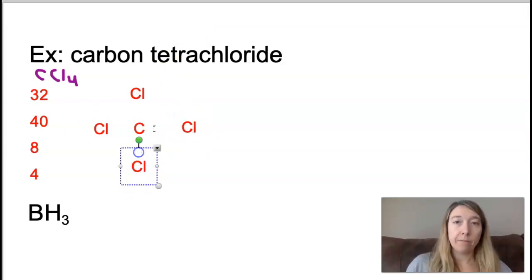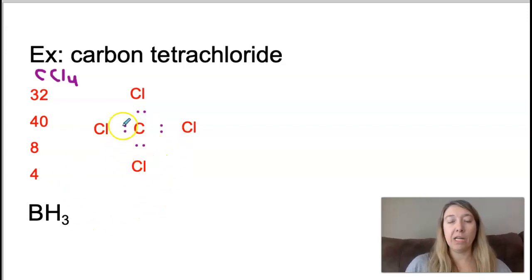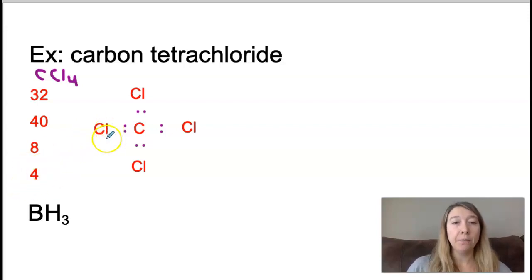So dot-wise, we said 4 bonds, so 1, 2, 3, 4. I don't need to do any double or triple bonds because that does take care of filling all of those spaces with the number of bonds we need. We need to fill valence shells now. So each chlorine is going to need 6 more.